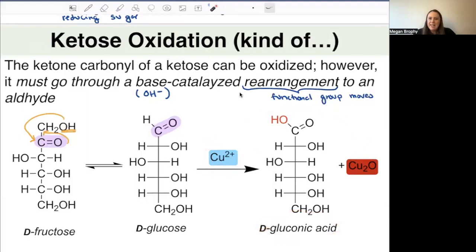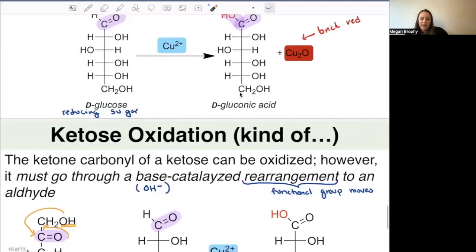So if you're doing any tests for reducing sugars, the sugars that take copper 2+ and reduce it to copper oxide, in that case, you may get a positive reaction for fructose, but it's through this mechanism where it rearranges first into an aldose, and then can be oxidized to an aldonic acid.